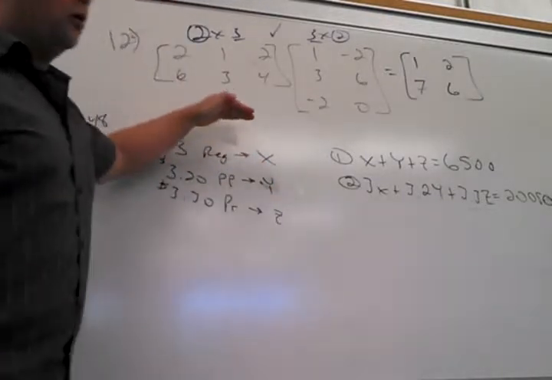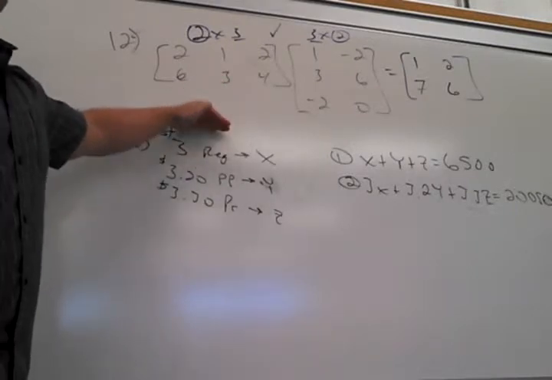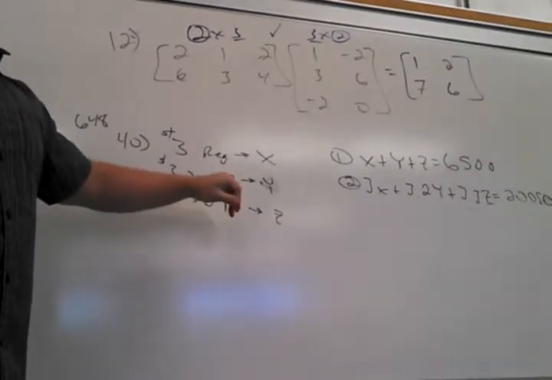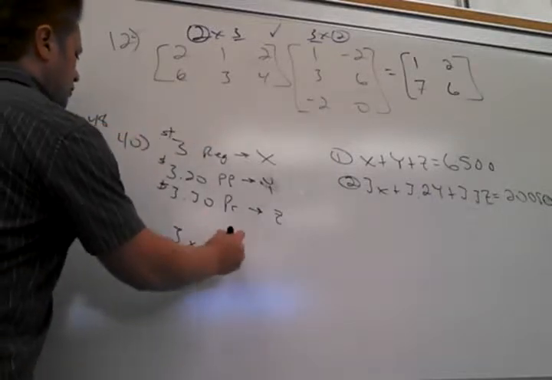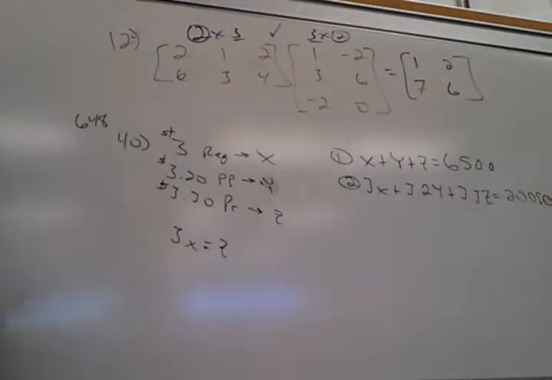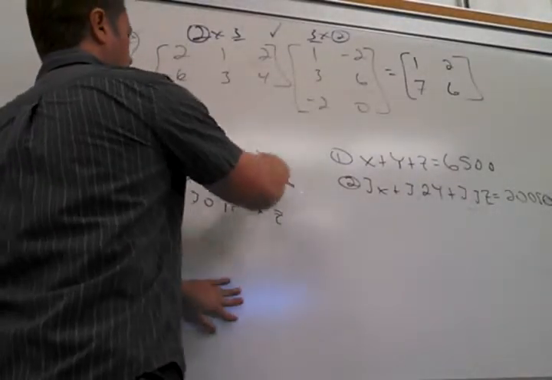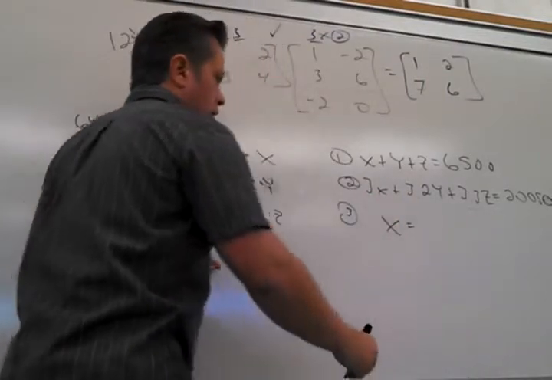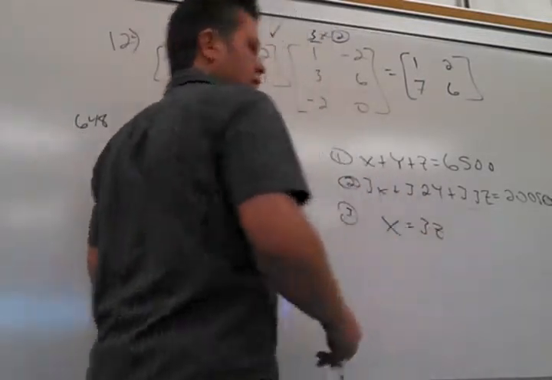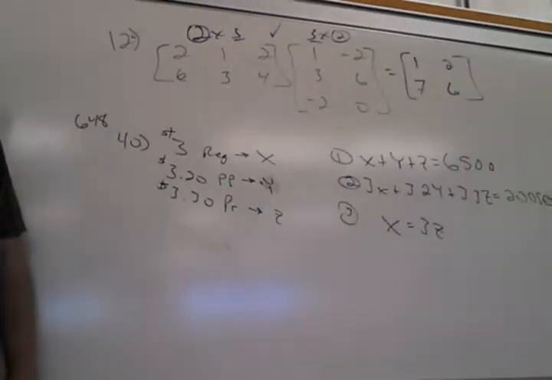There's more regular, right? When people write this, that gets me concerned. You're just being a little too literal, trying to translate directly. But 3 times as much regular as premium, so it should be X equals 3Z. Or 3Z, whatever your preference.